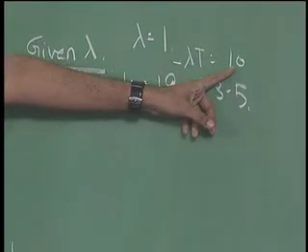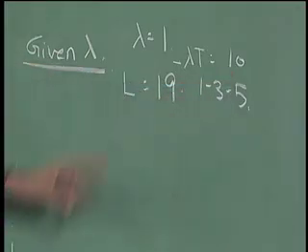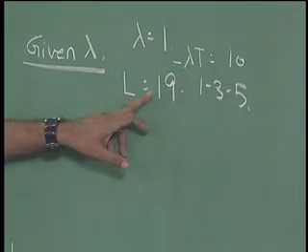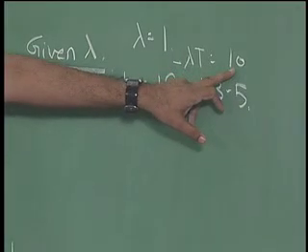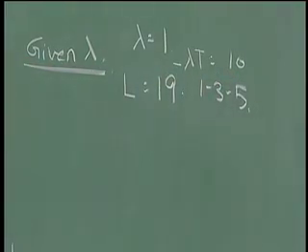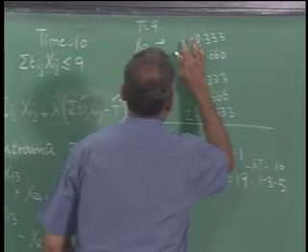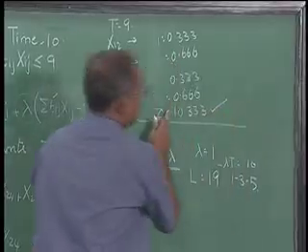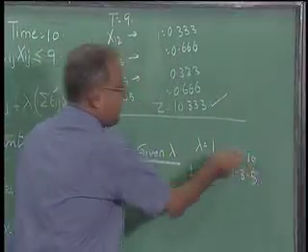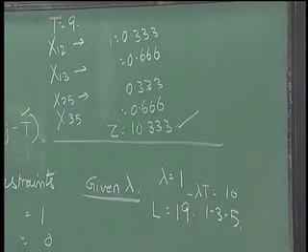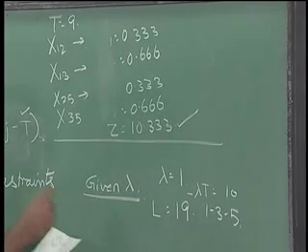So when we put lambda equal to 1 and solve, the value L will become 19 minus lambda T, which is equal to 10. Now if you see carefully, the value here is 10.333, while the value here is 10. Now let us try and solve for some values of lambda.